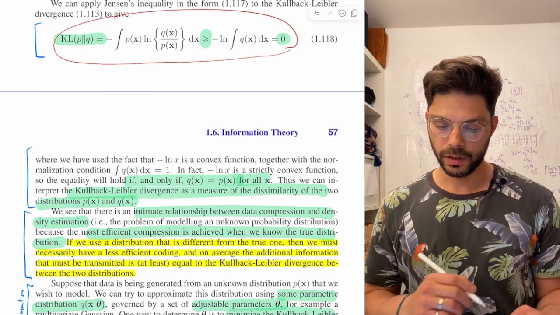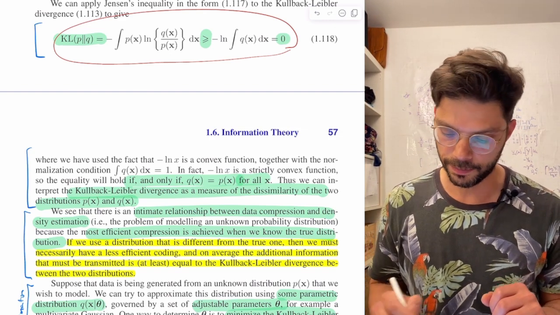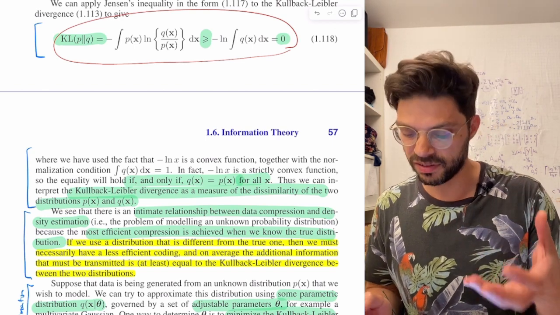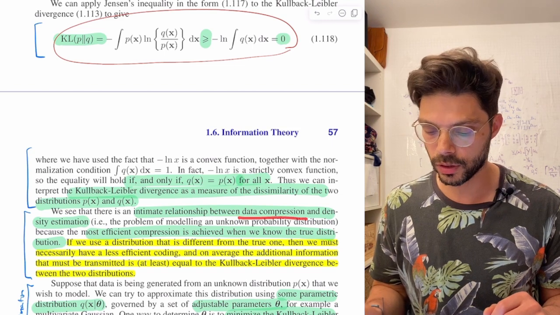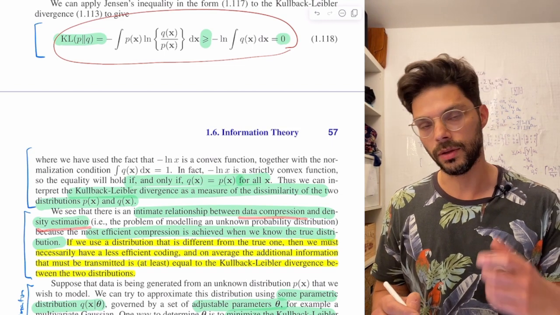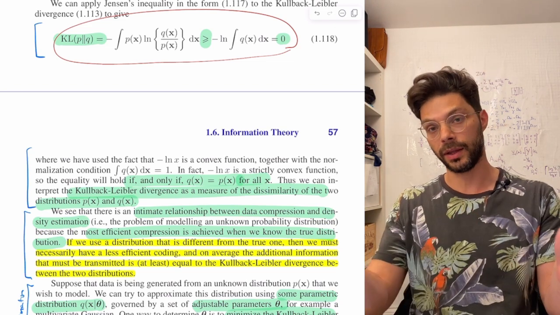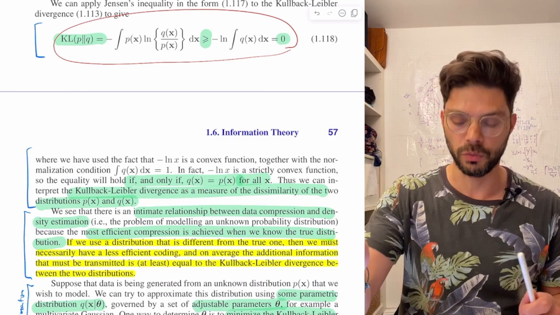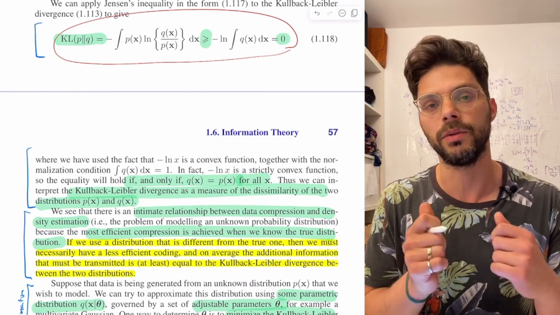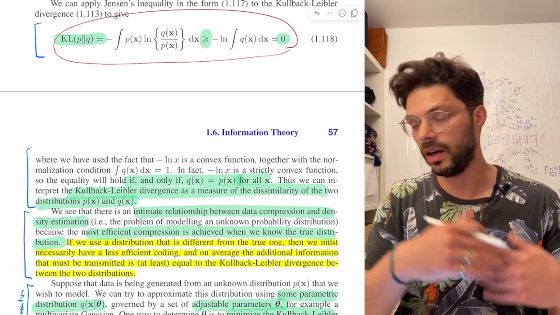Then he summarizes that discussion in a nice way. What we've essentially just seen is that there is an intimate relationship between data compression and density estimation. Data compression is assigning different length code words to messages you want to send, so what's the best way of doing that to avoid sending unnecessary bits.